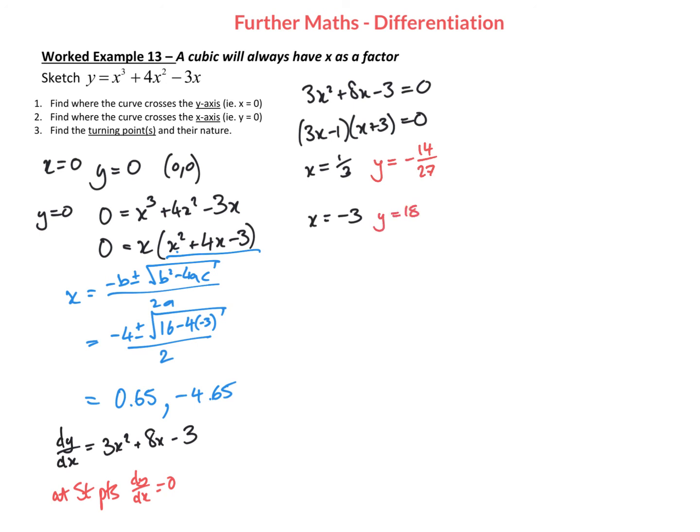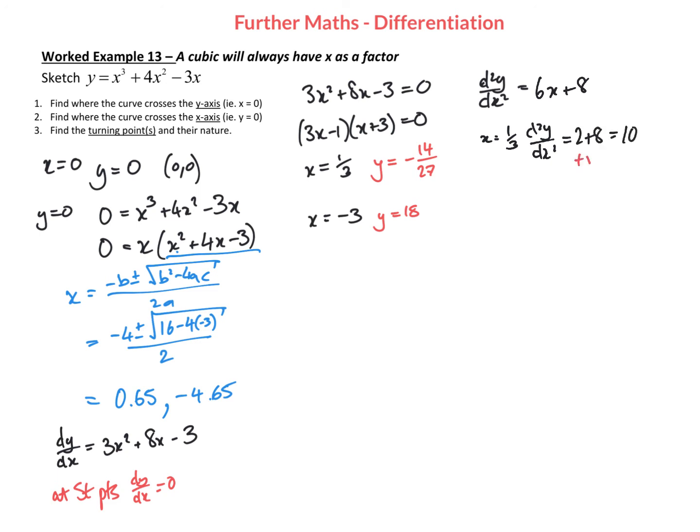So we're nearly there. We just need to make sure that we know what type of stationary points they are, what type of turning points. So that's d squared y by dx squared. We're going to take our differential, 3x squared plus 8x minus 3, and differentiate it again. So we're going to get 6x plus 8. And when x equals 1/3, d squared y by dx squared is 1/3 times 6, which is 2, plus 8, that's 10.